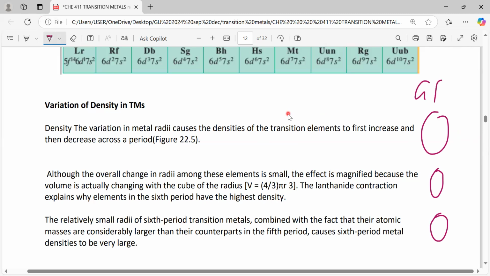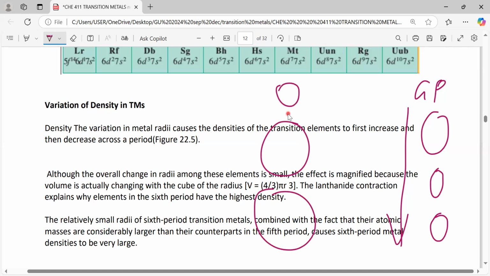As you move down the group, it is getting smaller and smaller, which is the reverse of what we see in main group. In main group, when you move down a group, you find the size increasing like that. But in transition, the size shrinks. Why? Lanthanide contraction, which we've already seen.